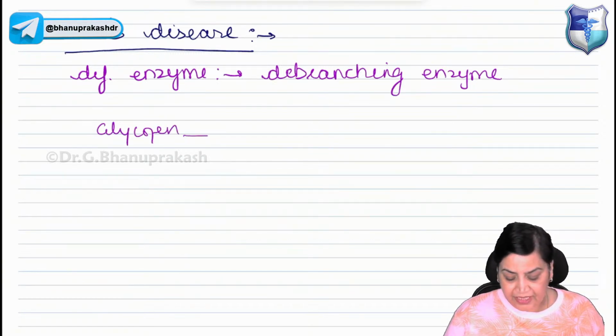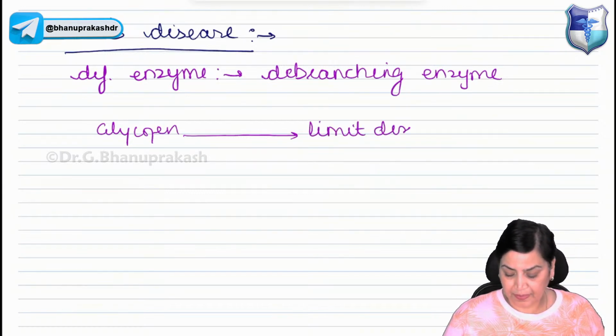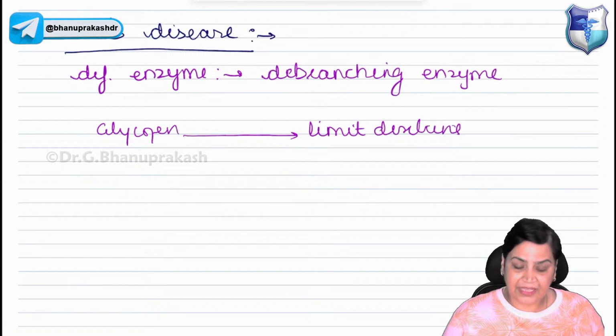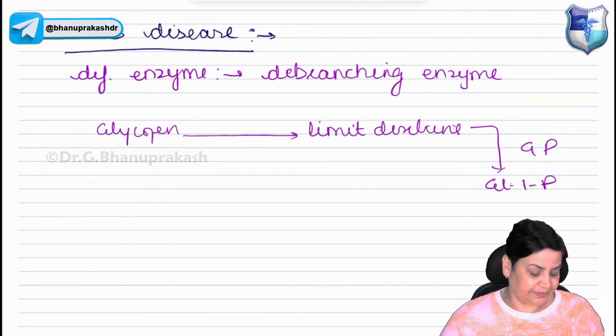And this glycogen was converted into limit dextrins. And these limit dextrins were then converted by glycogen phosphorylase into glucose 1 phosphate. If you remember.